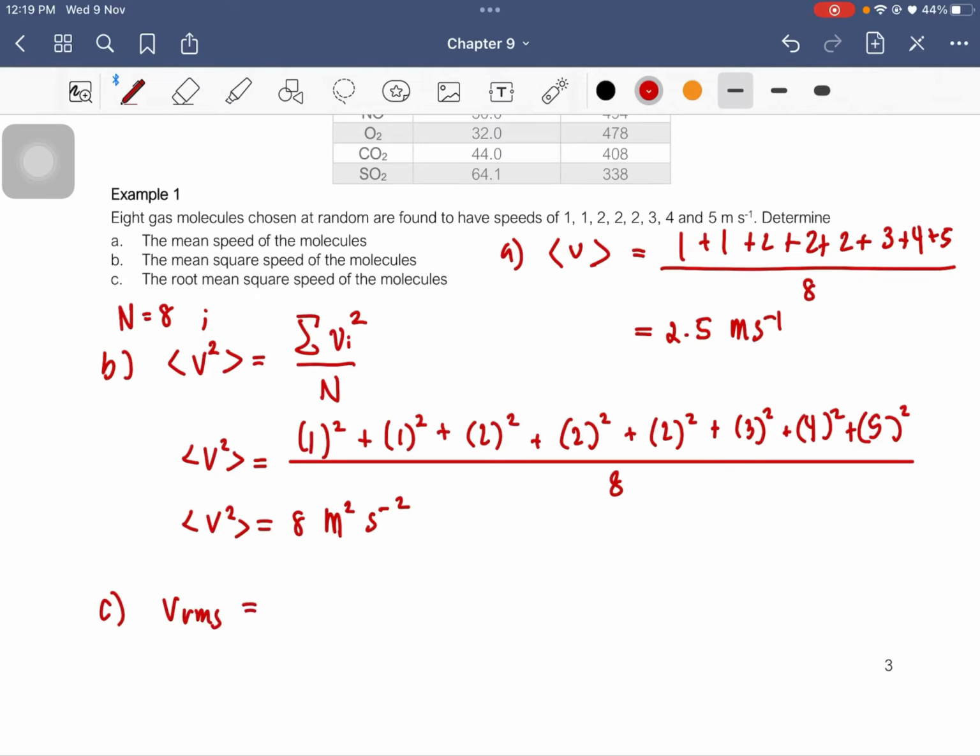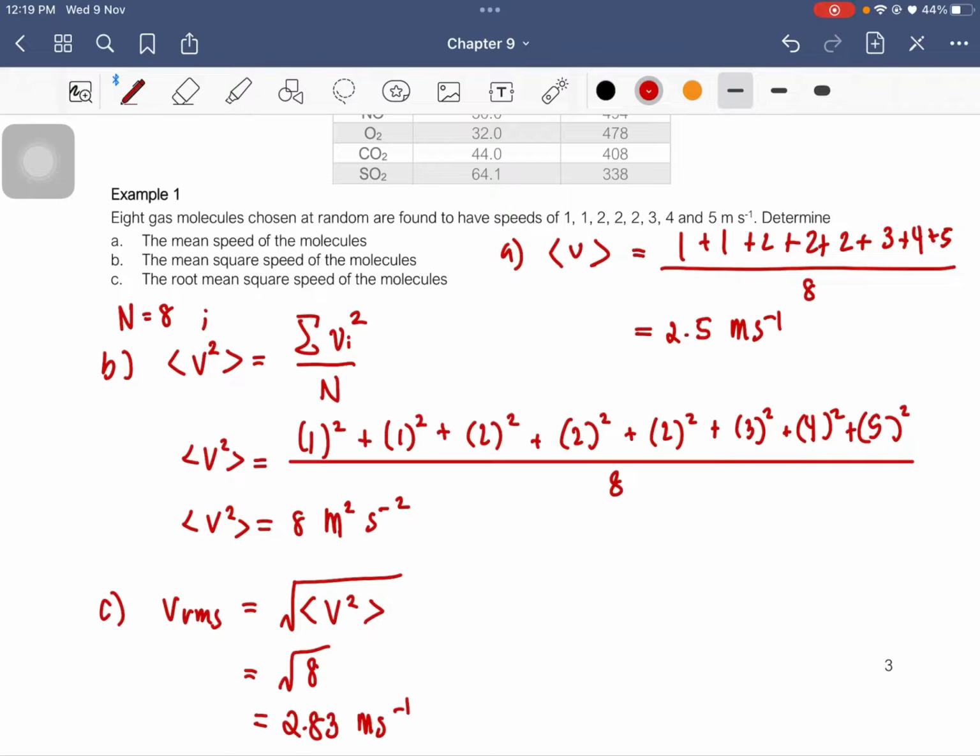So that is the square root of this. Okay. So you will get the square root of 8, which is 2.83 meters per second. Alright, so that is the root mean square speed of the molecules.